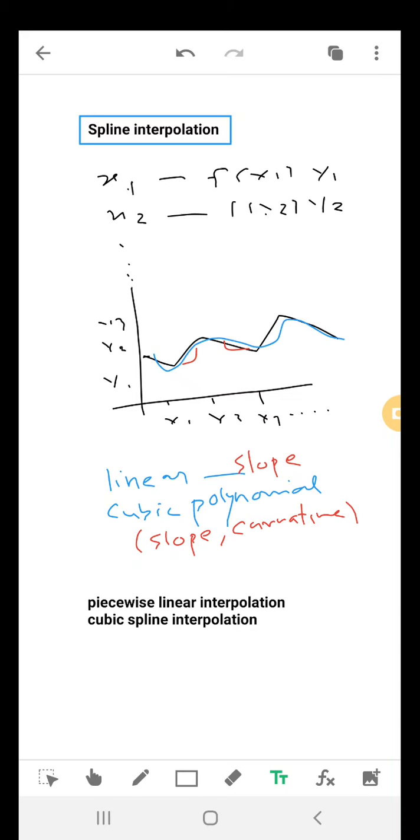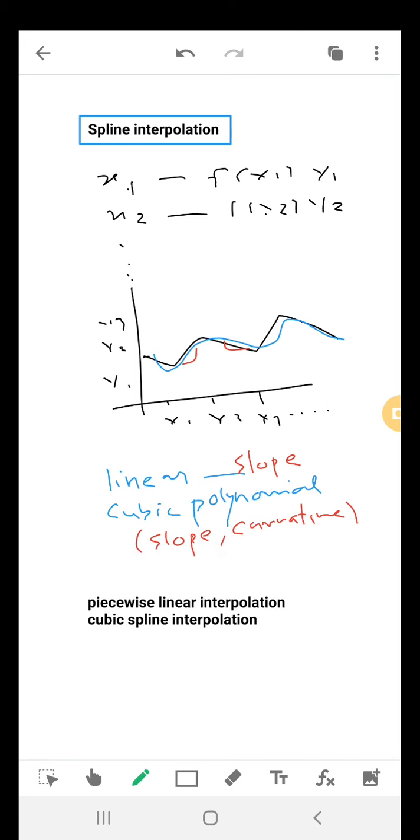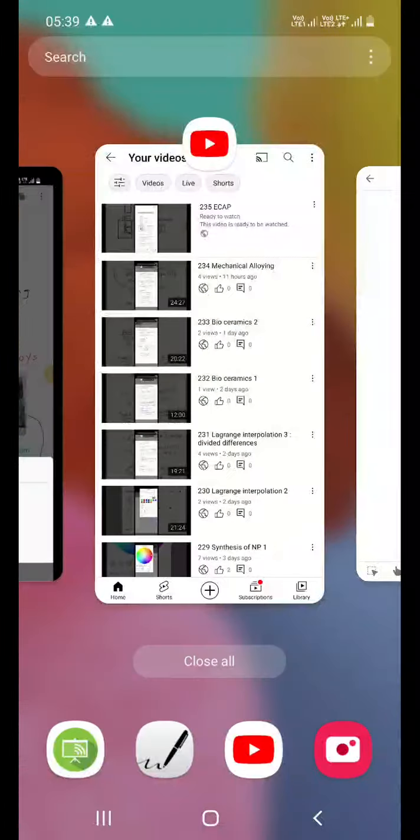First, consider the equation of a straight line connecting two points. Say the first point is xi, yi, and it is being connected to x(i+1), y(i+1).